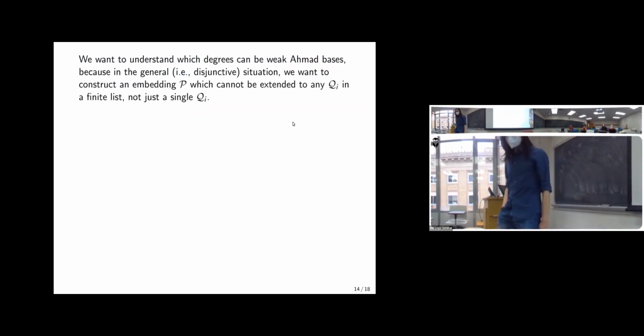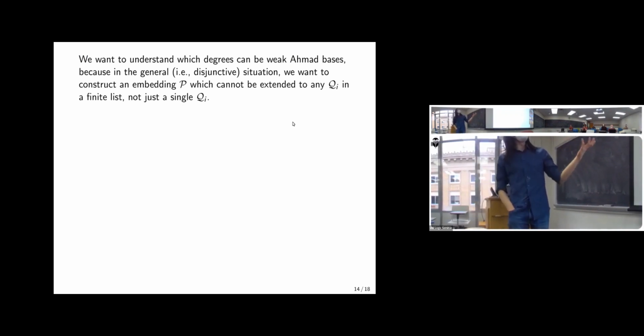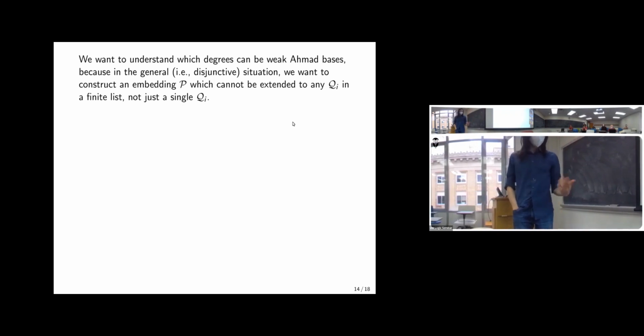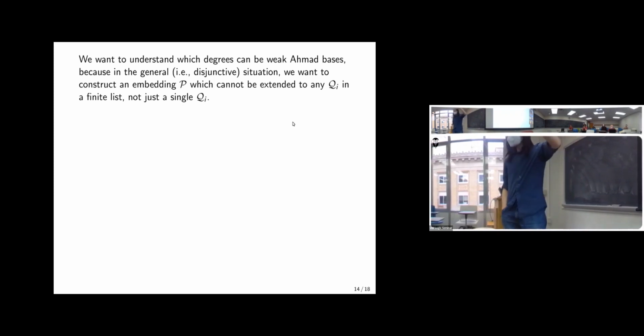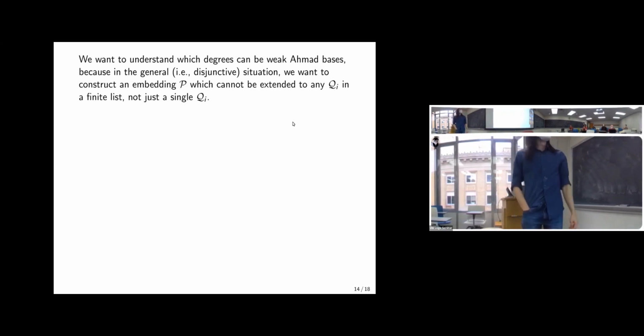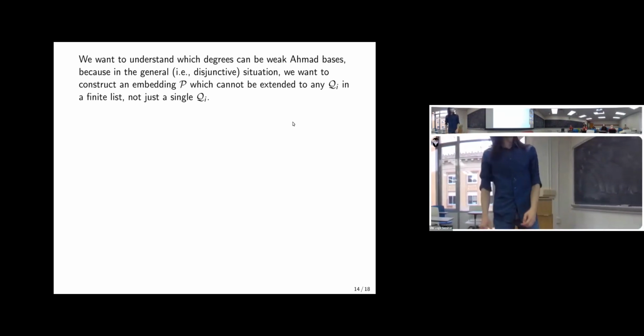The reason why we want to understand this is because in the previous slide, we only looked at a single Qi. We said, here's a singleton extension, and if we fail to extend to that, what happens? But in general, you have many singleton extensions, and many extensions that are not singletons, and you want to prevent extensions to all of those. So essentially we have to combine several requirements. That's a rough intuition here.